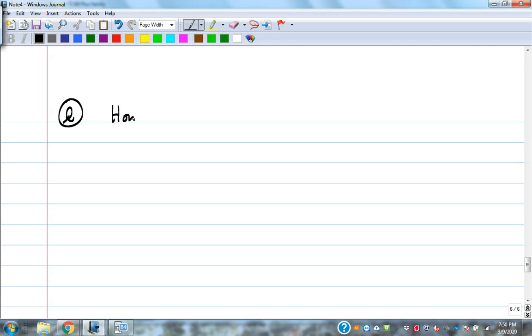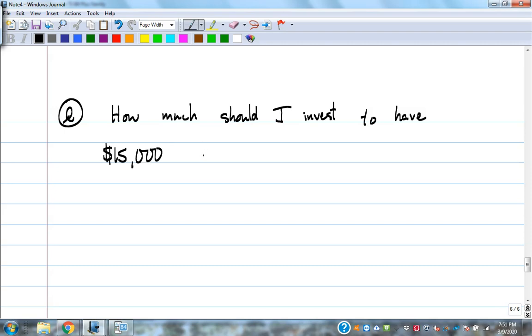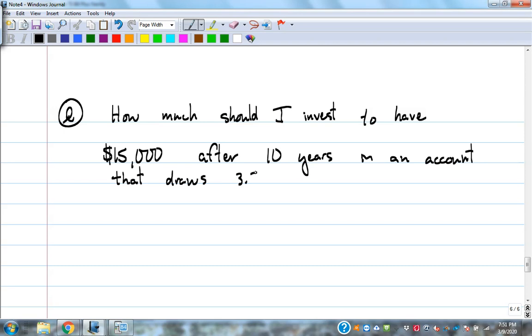So, how much should I invest to have $15,000 after 10 years in an account that draws 3.5% monthly?